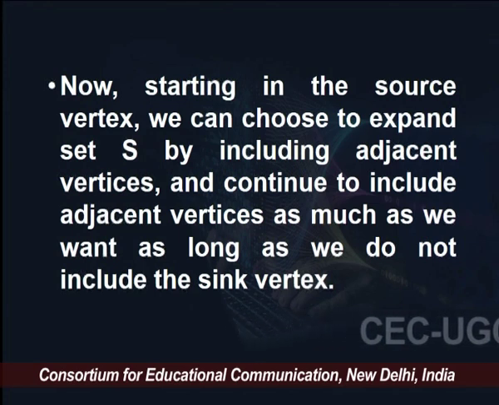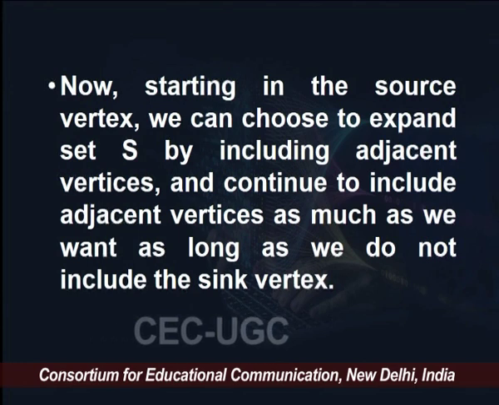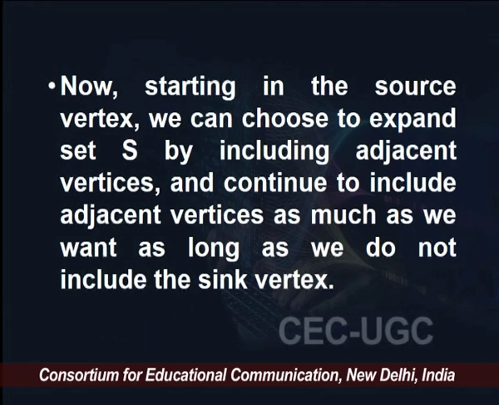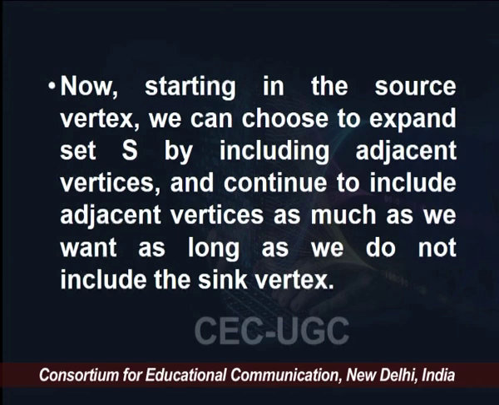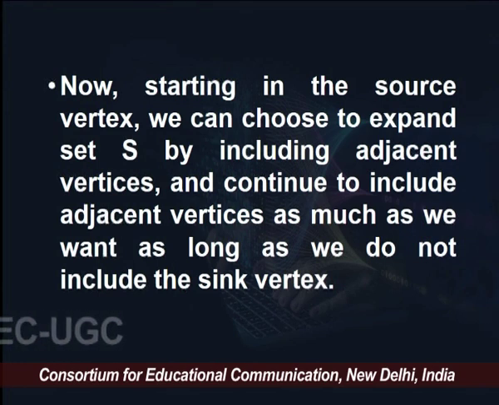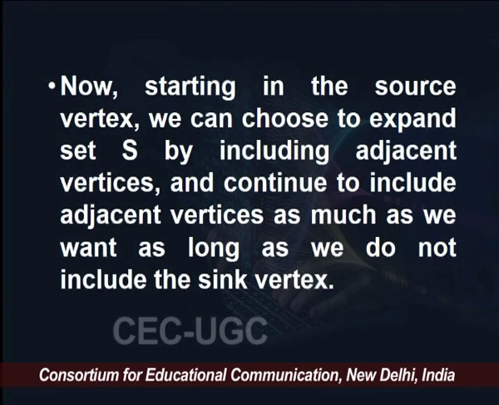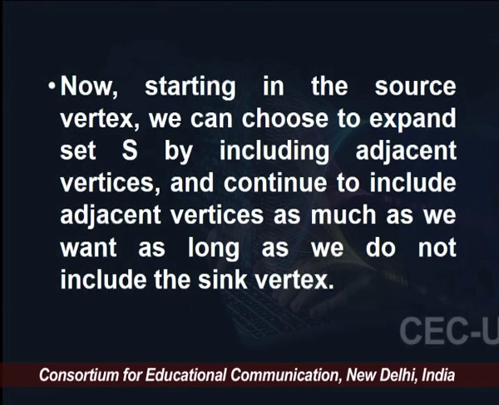We keep on expanding the set S as long as we do not include the sink vertex. So S when included with V1 may have S and V1 in one set of the vertices, then again expanded, S, V1 and V2 on one side of the sets of vertices, V3, V4 and T on the other.